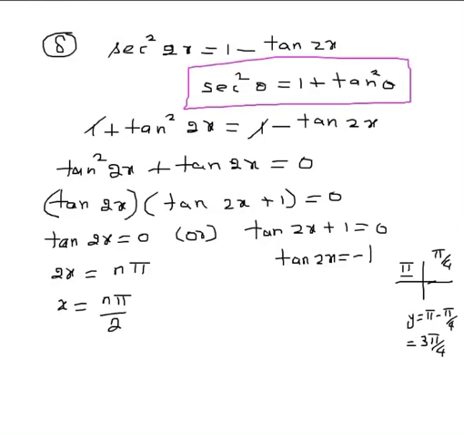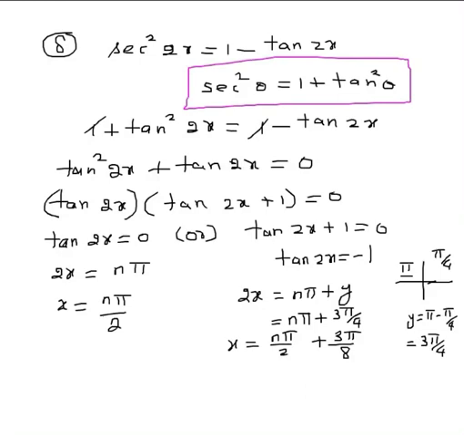Now we will use tan x is equal to tan y general solution formula. So tan x is equal to tan y general solution formula is x is equal to, our x here is 2x. N pi plus y is the formula. N pi plus y is 3 pi by 4. Therefore, x is n pi by 2 plus 3 pi by 8.